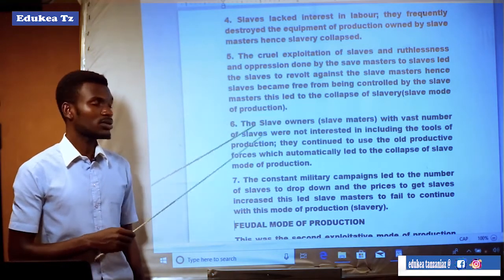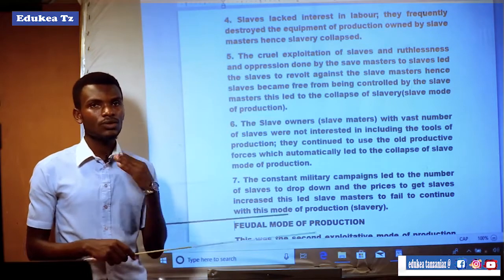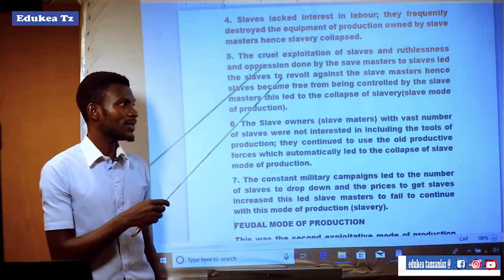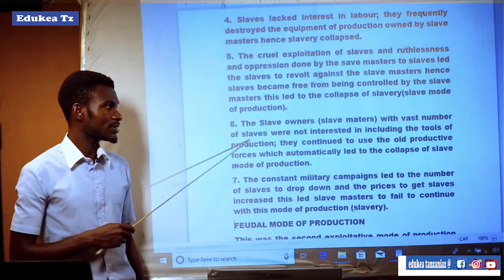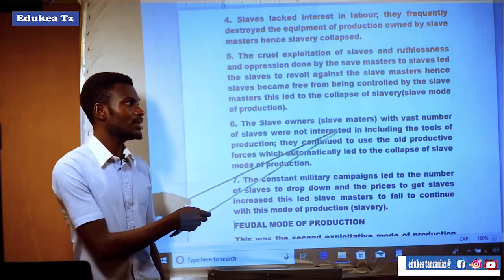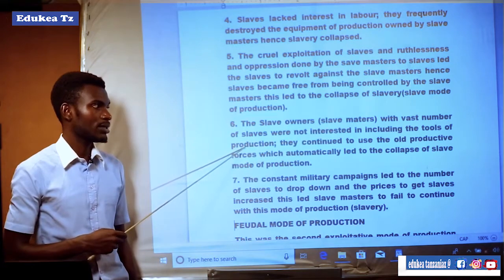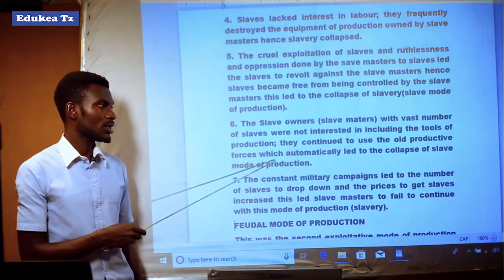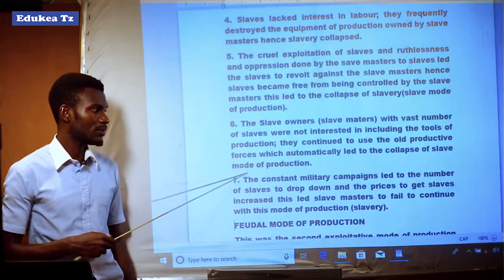Another factor for the transition from slavery to the feudal mode of production was that slave owners or slave masters with a vast number of slaves were not interested in improving the tools of production. They continued to use the same productive forces, which automatically led to the collapse of the slave mode of production.